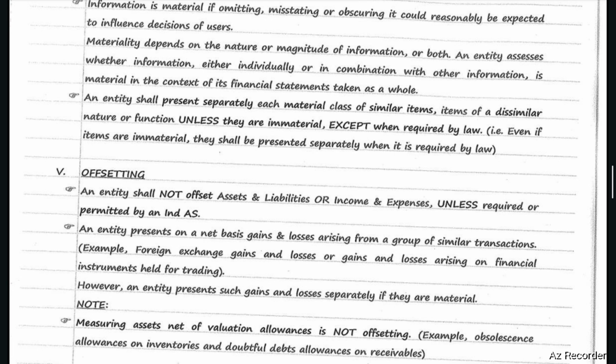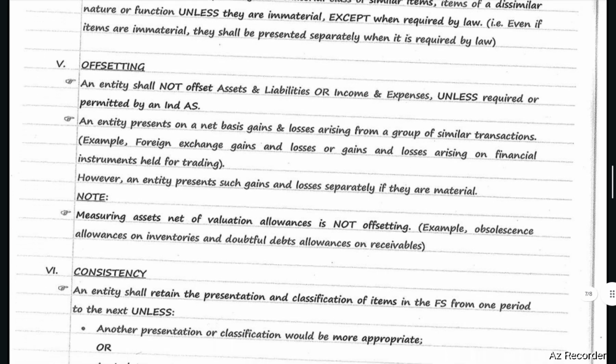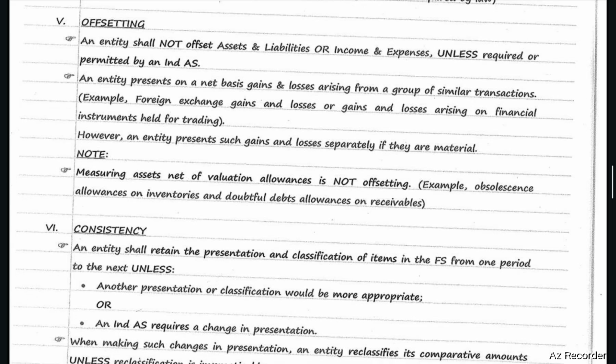Next, offsetting. An entity shall not offset assets and liabilities or income and expenses unless required or permitted by an Ind AS. An entity presents on a net basis gains and losses arising from a group of similar transactions. For example, foreign exchange gains and losses or gains and losses arising on financial instruments held for trading will be presented on net basis because it was permitted as per particular Ind AS.